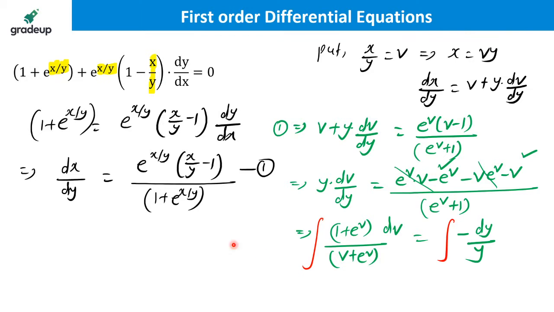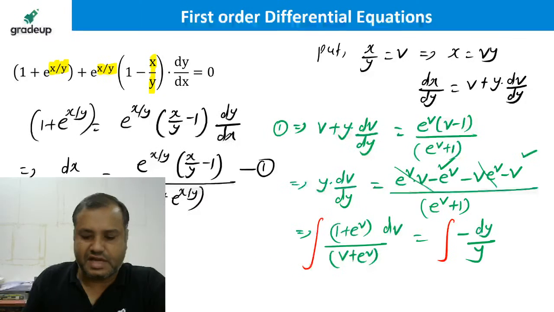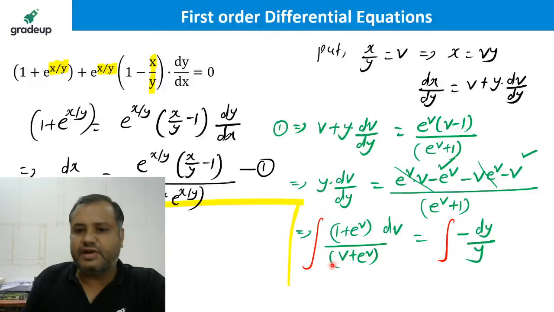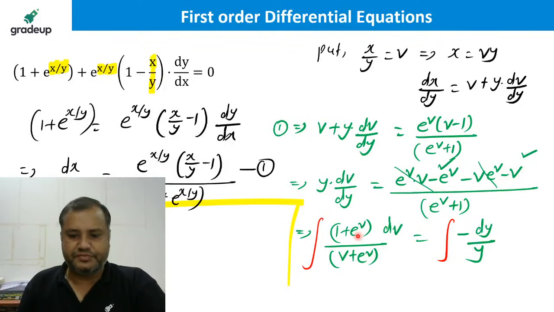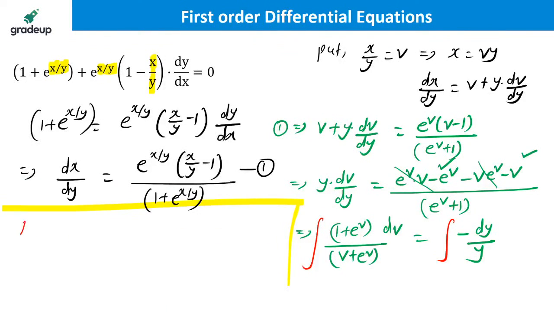So what you are getting? What do you see? Derivative of denominator is present in the numerator. Derivative of v plus e raised to v is 1 plus e raised to v. So this can be written as log of the denominator. Right hand side is minus log y. And appropriate constant will be log c.